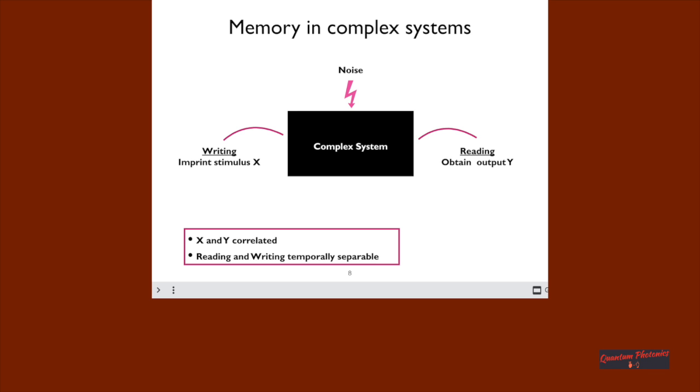And we can consider this information to be memorized information only if the output that we are reading out, that we are using much later, is correlated to the input, and only if they're temporally separable in a general complex system.